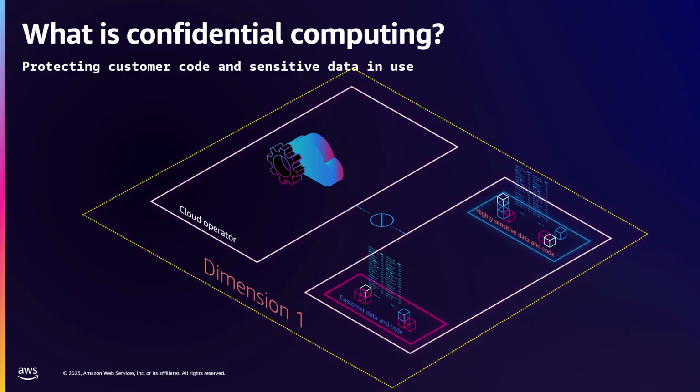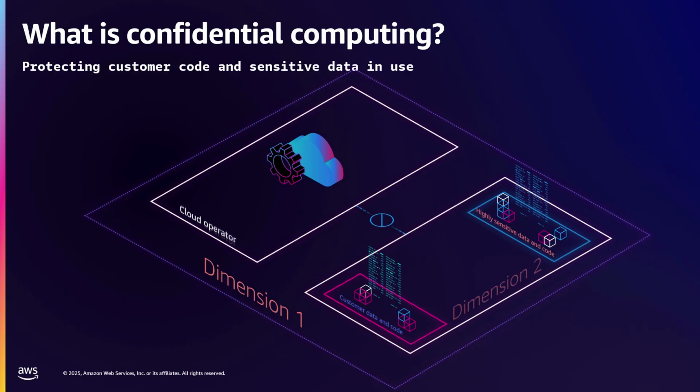Number one, dimension 1, is where customers have asked us, I need assurances that AWS, as a cloud operator, cannot peek into my data and code, right? And dimension 2 is where customers like yourself have asked us, I need mechanisms, tools, service features where I can further isolate and segregate my workloads into confidential computing, into those trusted execution environments, right? So those are the broad two dimensions.